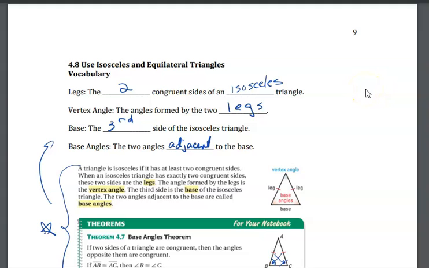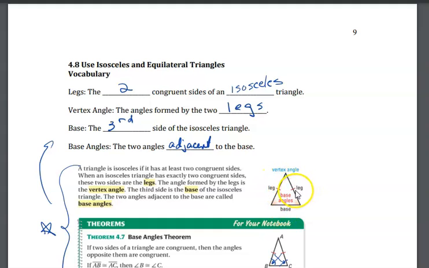Now you should have these notes already, but I wanted to go over and make sure that everyone has exactly the same thing. Okay, so first off, this is a picture right here of an isosceles triangle, and it's all nicely labeled for you. You've got your vertex angle at the top. The base angles refer to this angle right here and this angle right here. This is the base, and these are the legs.